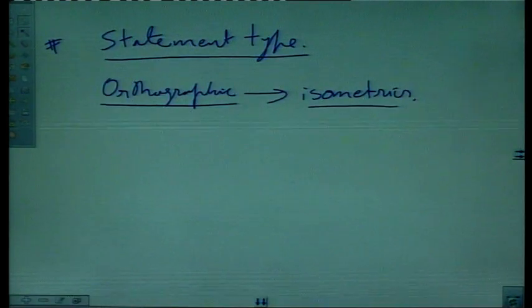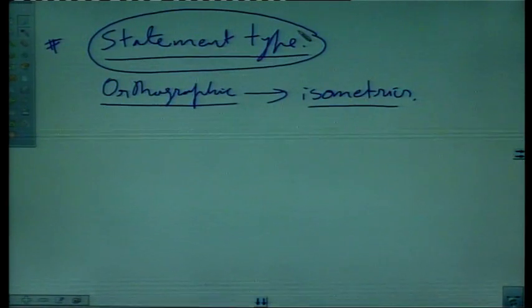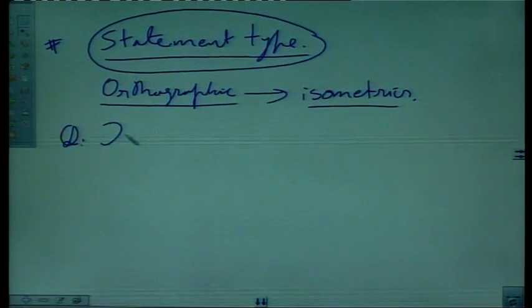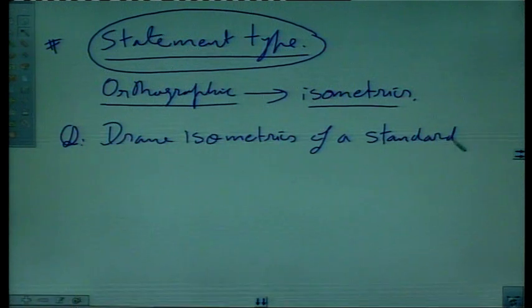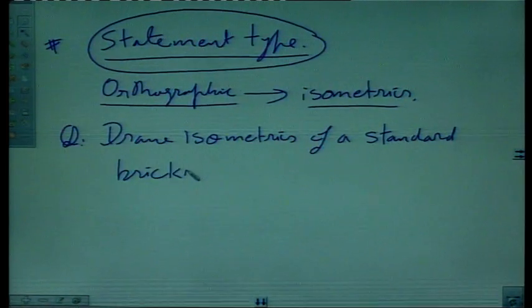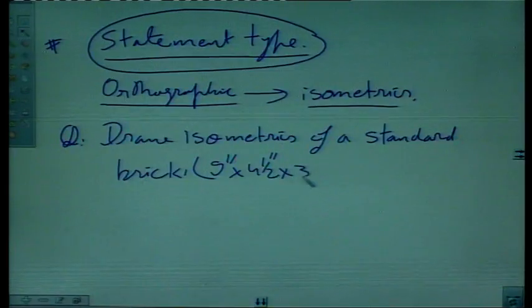First, we will take an example of a statement type question. Say, first simple question: draw isometrics of a, say, standard brick, or the questioner can give you size also, say 9 inches into 4.5 inches into, say, 3 inches.